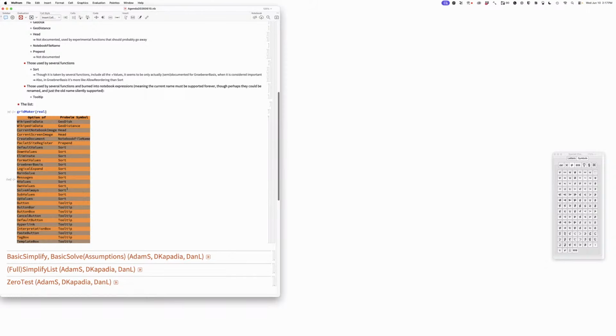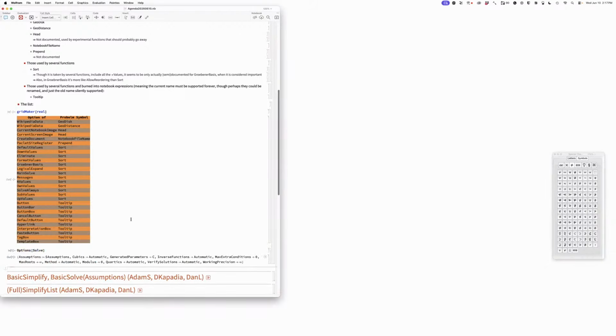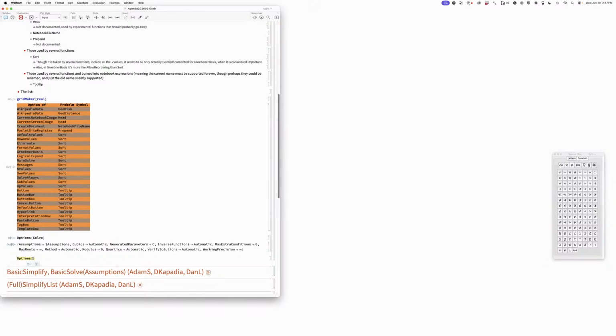Okay, so wait a minute. You're saying that Solve now has that as an option? No, it's a system option that affects Solve, so it has been hidden. Oh, I see. And so the only place where it's sorted is documented is Gröbner basis, but it's not really sorting. It's a totally wrong name for the option there.